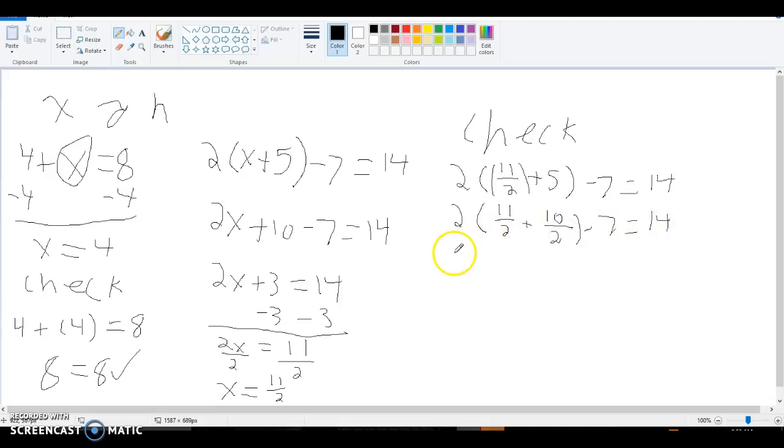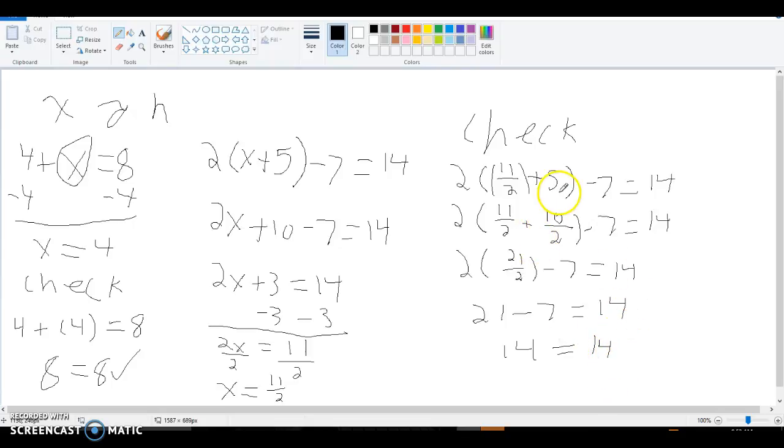So 11 halves plus 10 halves is 2 times 21 halves, minus 7 equals 14. Now we're going to do multiplication following PEMDAS, and 2 times 21 halves is 21, minus 7 equals 14. And then you see that 14 equals 14.